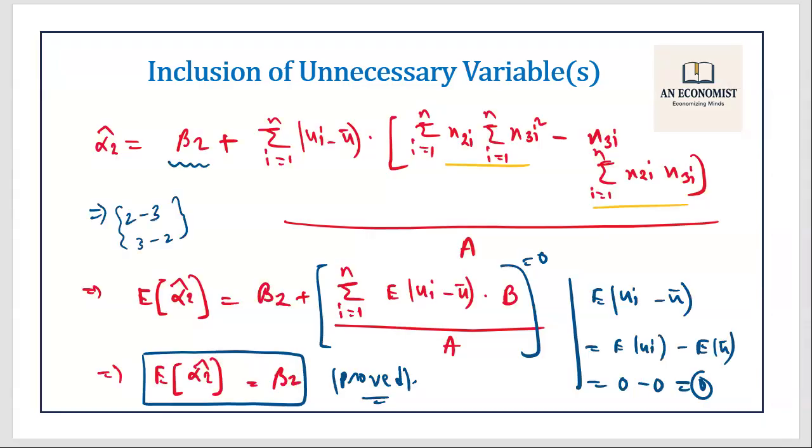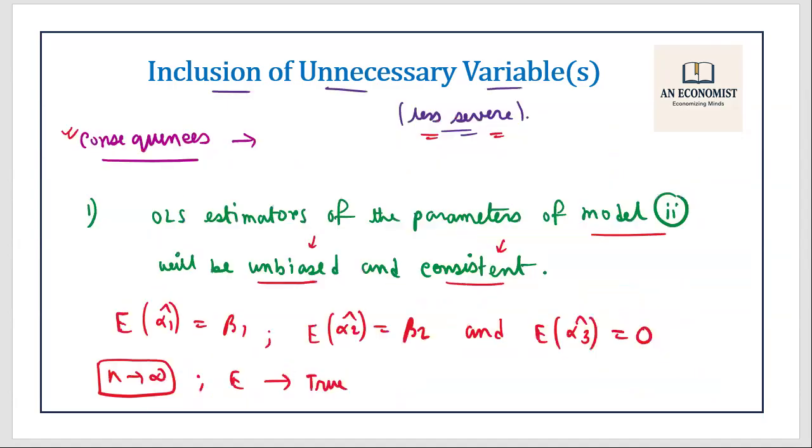Please do this as your homework and this will help you understand the concepts, right? So here also see there is no n term. For n tending to infinity, expectation of alpha 2 cap will still tend to beta 2. So the first consequence we have proved: the estimators will not only be unbiased, they will also be consistent. So this proof is done.